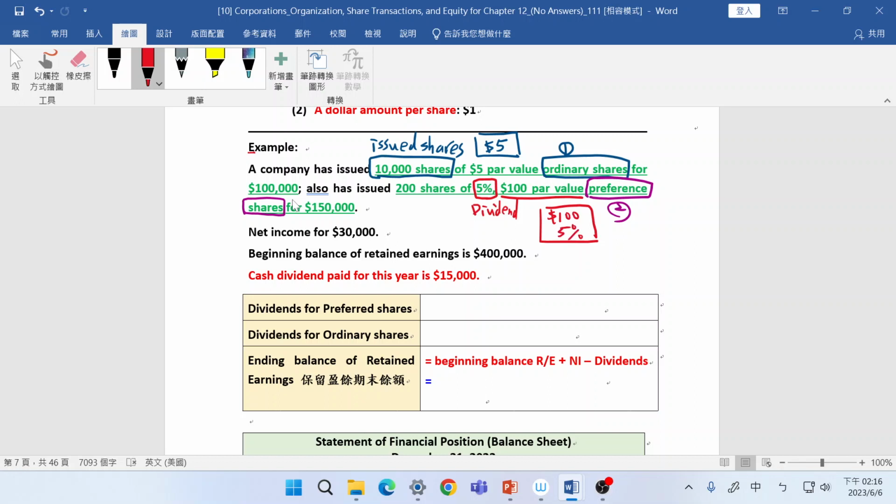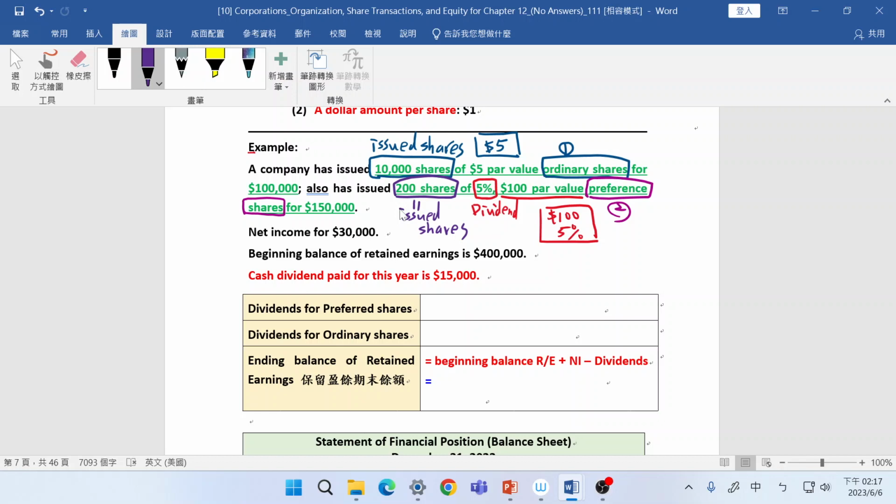Okay? For the preference shares you issued to investors, how many? 200 shares you sold to investors already. So this is your issued shares you sold to preference shareholders. Okay? So how much money did you get from each one? I sold ordinary shares, 发行普通股, I got the cash. How much? $100,000.